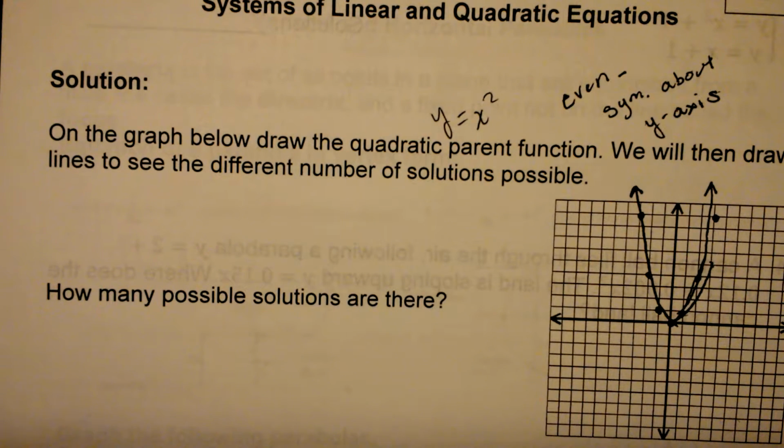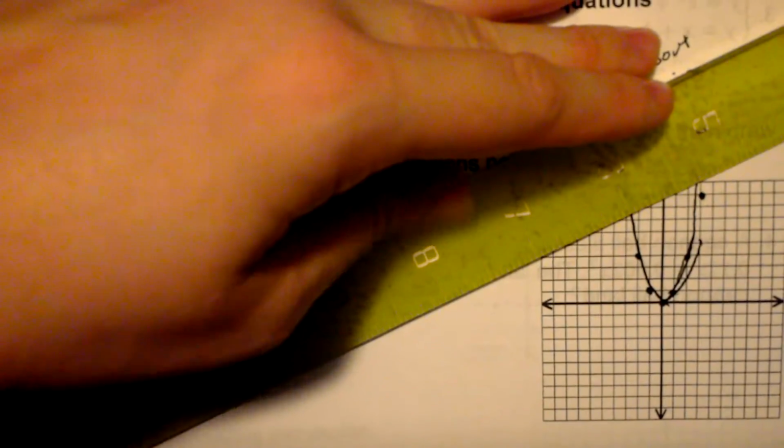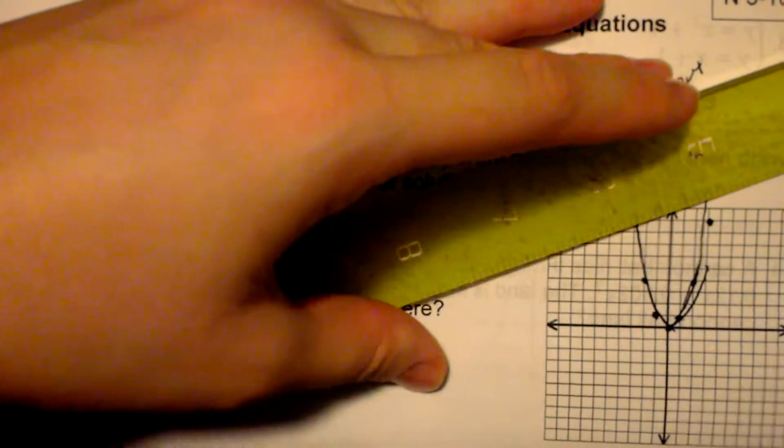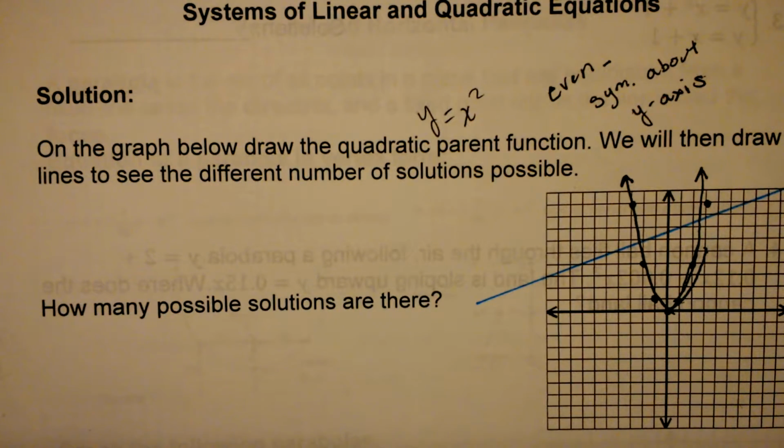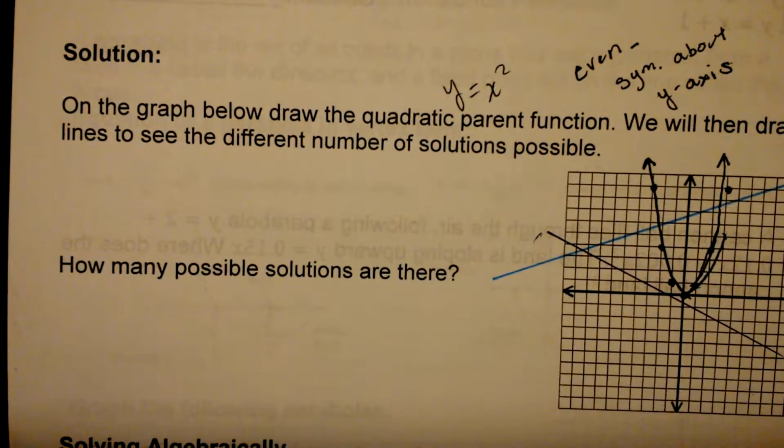Then I'm going to just draw some random lines. If I had a line that crossed here, that's one line. What if I had a line that crossed... well, that one doesn't cross at all.